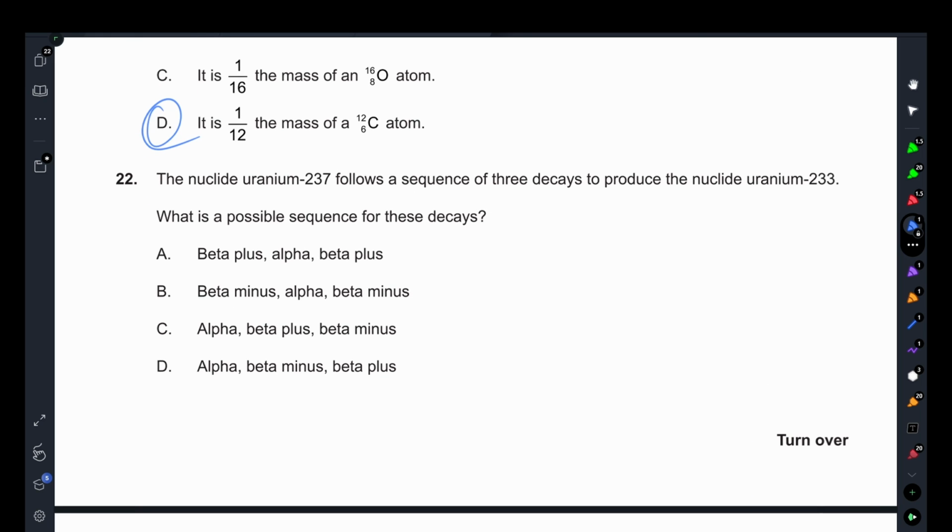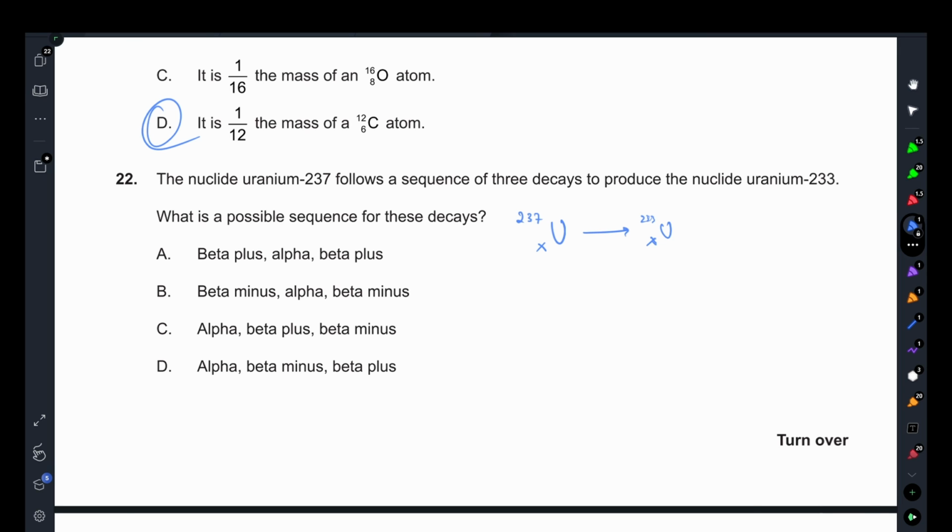Moving on to question number 22. This requires knowledge of decays, electron decays, or atom decays. So here we have U-237 being converted to U-233. Now I have no idea what the mass or the atomic number of uranium is. You might, but in this case you'll find that it's irrelevant.